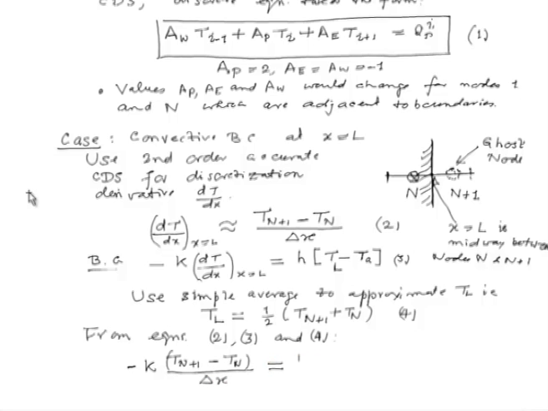On the right hand side we have got h times 1 by 2 T of n plus 1 plus Tn, minus Ta.